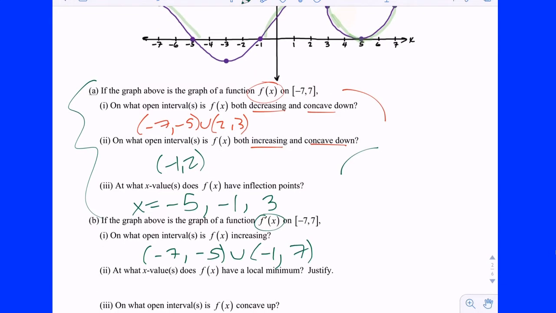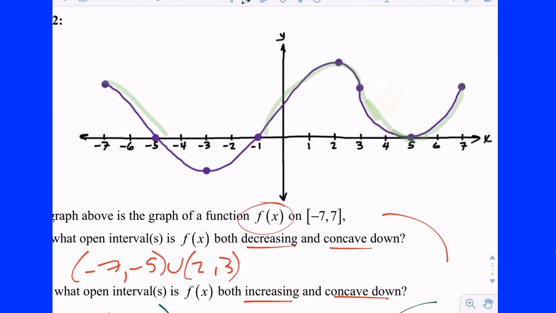At what value of x does f have a local minimum? Well, if this were the graph of f, a local minimum would be at x equals -3 and x equals 5. But now we're treating this like the graph of f prime. So a local minimum only occurs at a critical value. Your critical values are where f prime is 0. So -5, -1, and 5, and there's no places where it's undefined. So local mins now are where f prime changes from what to what?